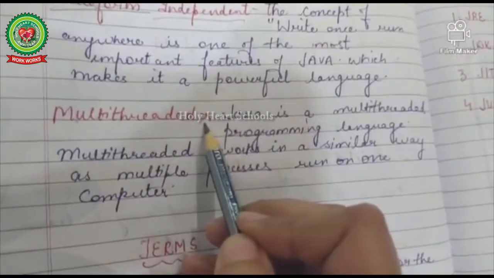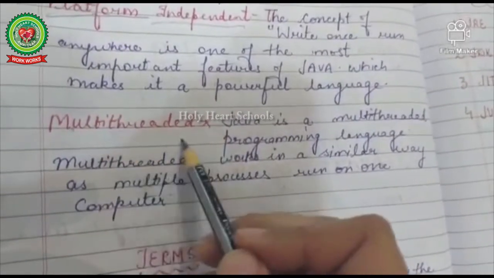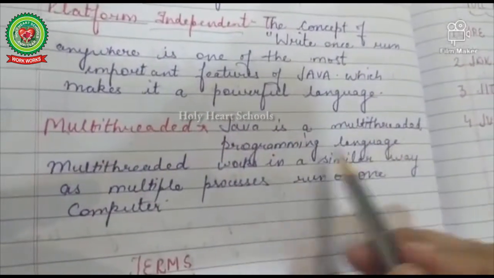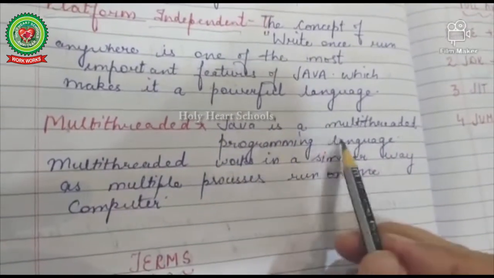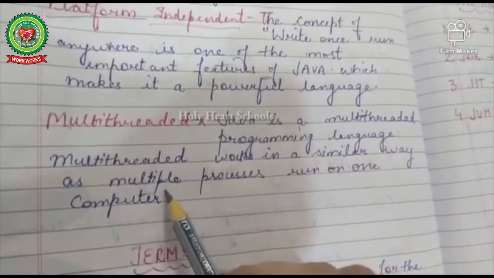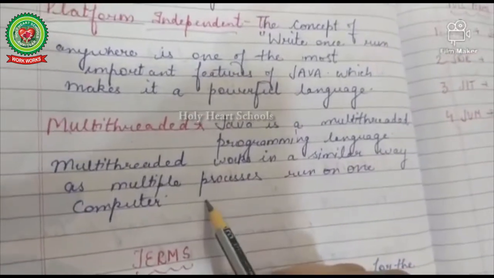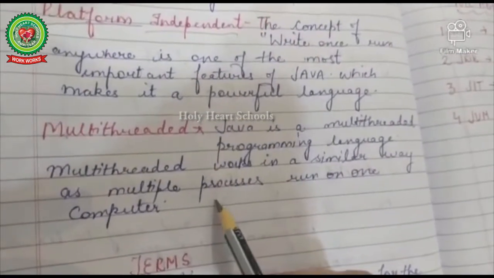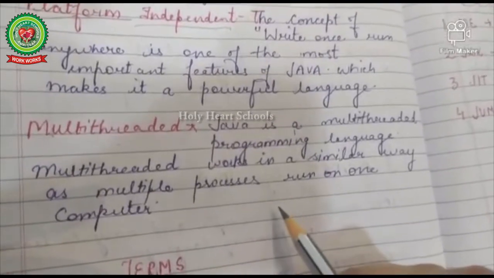Next is multi-threaded. Multi means number of, and threaded means number of threads. Java is a multi-threaded programming language. Multi-threaded works in a similar way as multiple processes run on one computer. If we take the example of a game, like we run any game on our mobiles, that game has a number of threads.